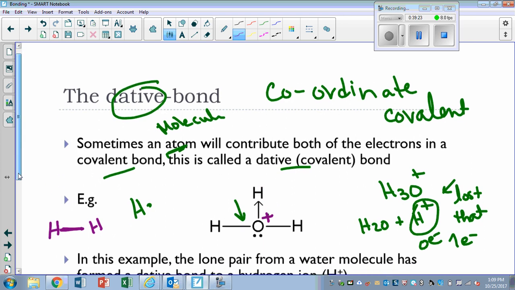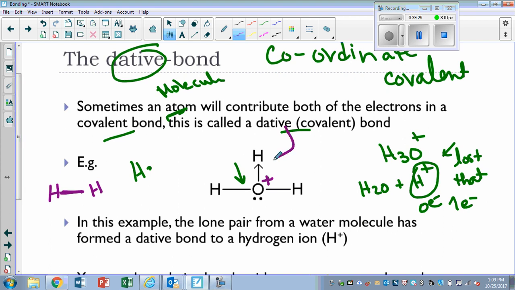This bond is called dative bond. This bond is a single covalent bond. But this bond where both electrons are donated by one atom is called the dative bond. So in this example, the lone pair from the water molecule has formed a dative bond to a hydrogen ion.